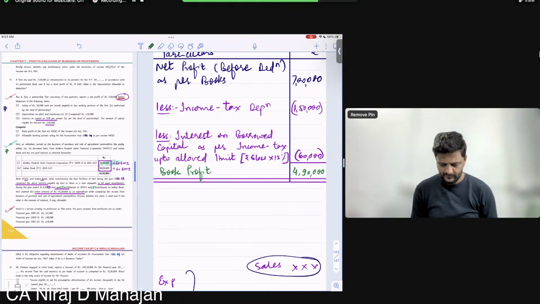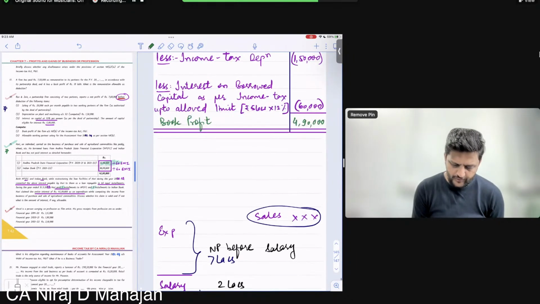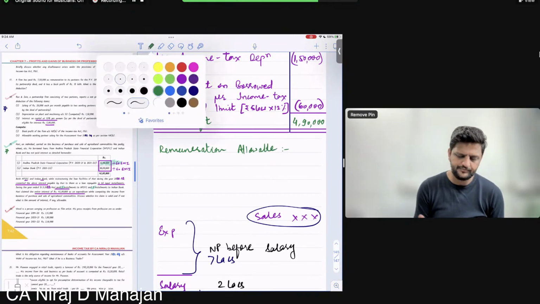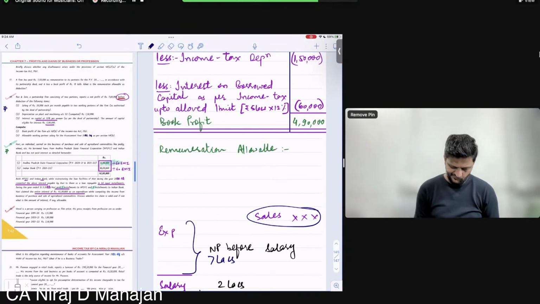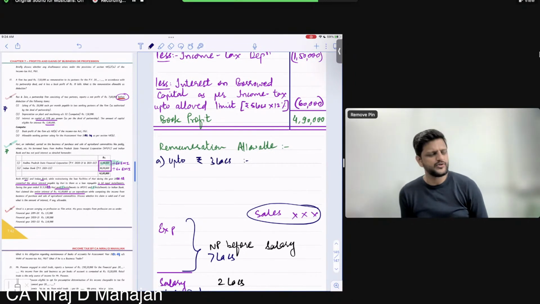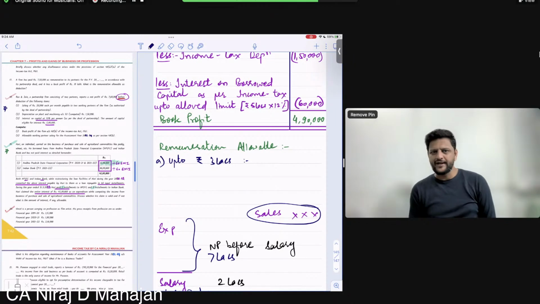Ready everybody? Chalo. So the remuneration allowable is, first part, up to rupees 3 lakhs. See, as soon as my book profit is, bachcho, crossing 3 lakhs, we know it will be 90%, it is 2 lakh 70.